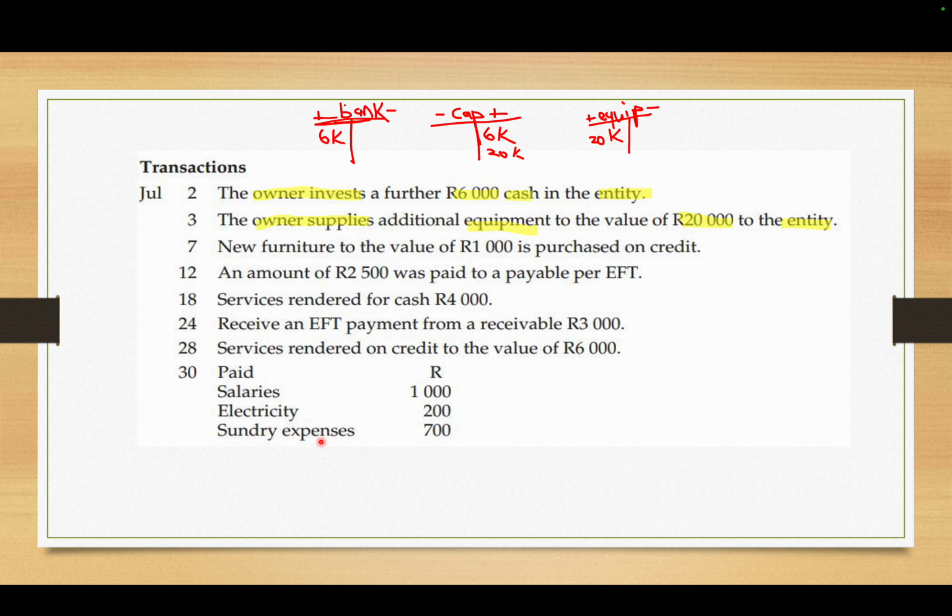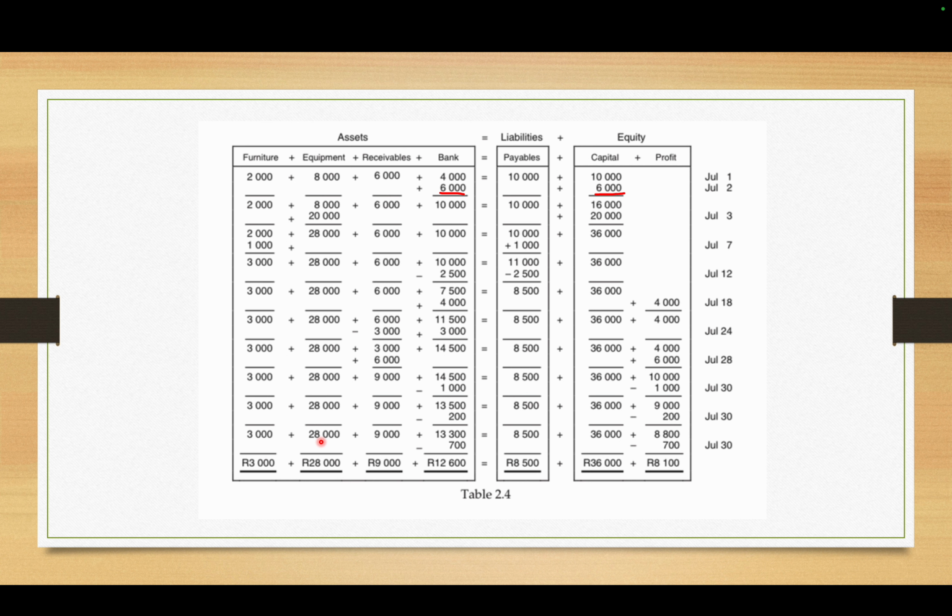So we paid salaries 1,000 rand, so it's gonna decrease our bank by 1,000 and increase our expenses by 1,000. So it's gonna decrease our profit by 1,000, because an expense decreases our profit, and obviously expenses are under equity.